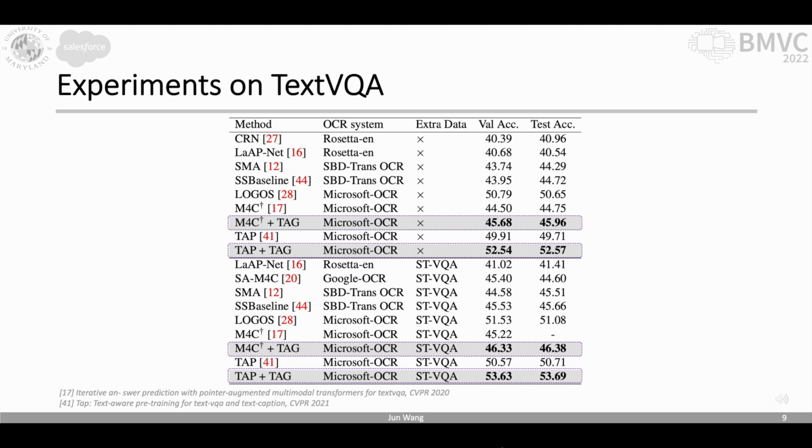On the top, with the original text VQA training dataset, the baseline can reach 44.5% and 49.9% on the validation set. On the other hand, with the augmented dataset and the same model, we can achieve 45.7% and 52.5%. That is around 1.1% and 2.6% increase compared with the baseline.